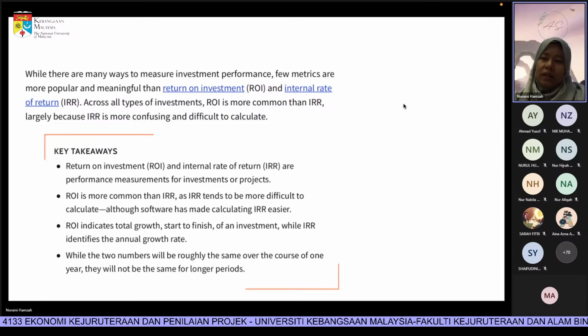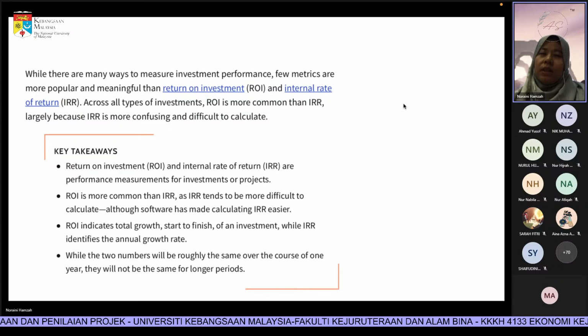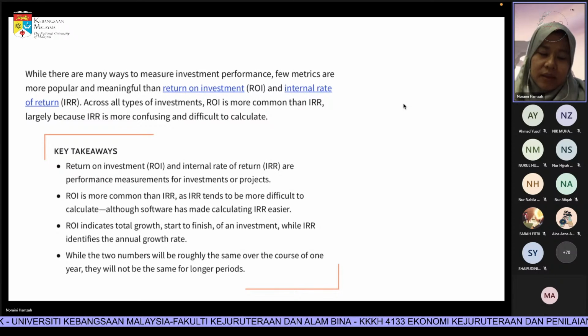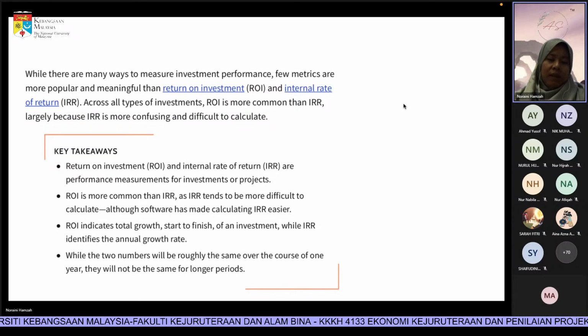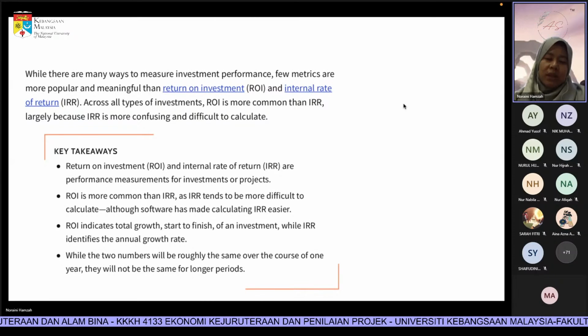So maksudnya dia akan the iteration because the formula itself is from the NPV punya formula yang you belajar sebelum ni, yang year 1, year 2, year 3 plus year 4 plus year 5, yeah, every single of years that related. Okay. And then while the two numbers will be roughly the same. Okay. So the result normally tak sama. Okay. Roughly the same over the course of 1 year.